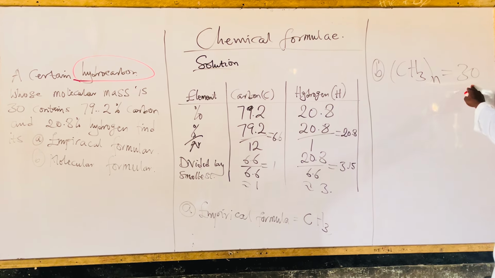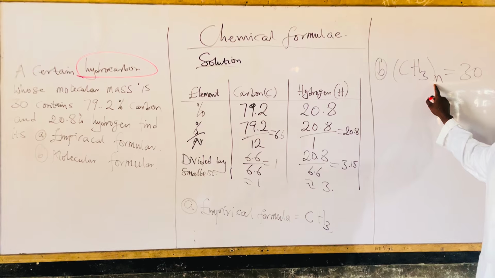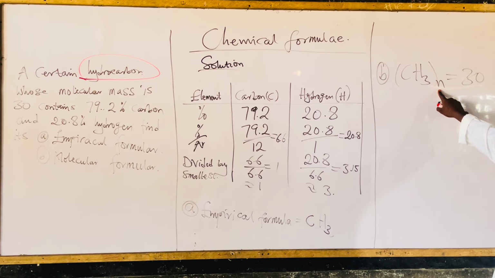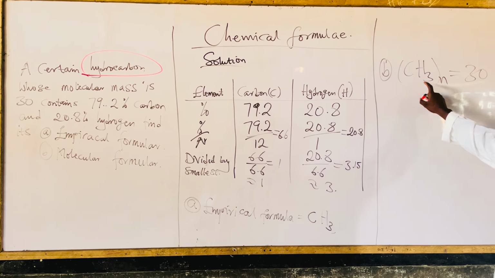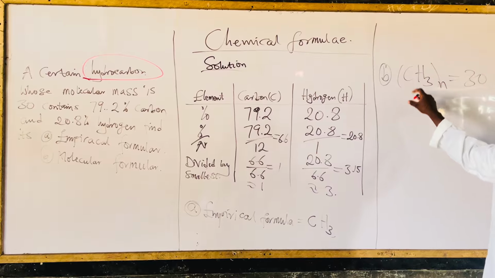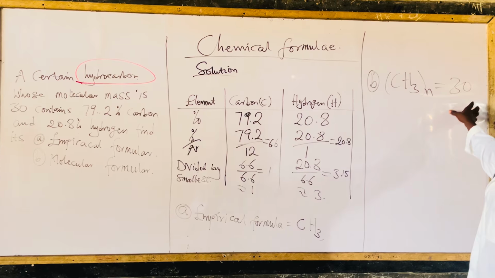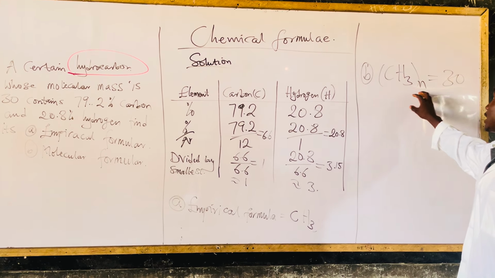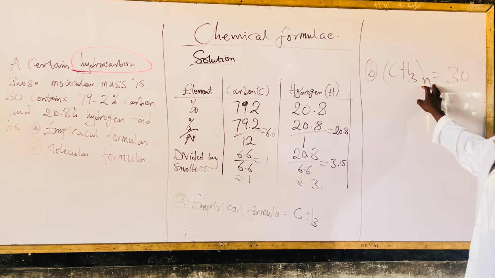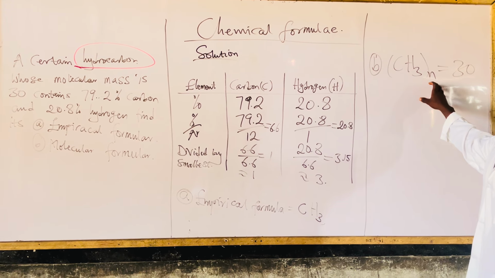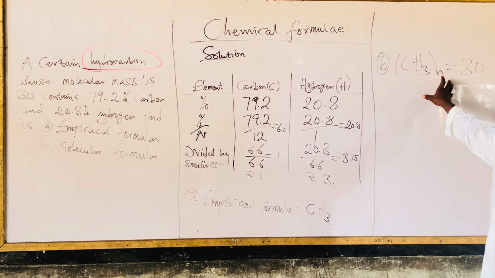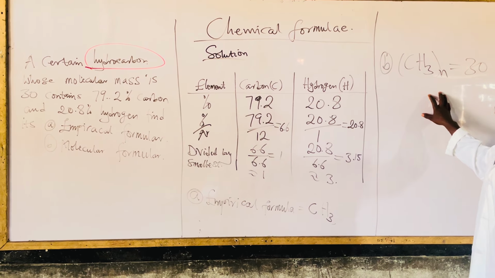Taking this down, the N here, a lot of people will be asking why the N. The N here shows the number of empirical formula units in that particular compound. So we'll now solve and find the value for N. Then afterwards we'll get our molecular formula.